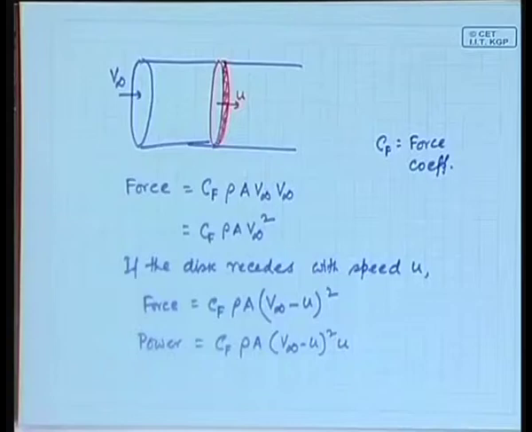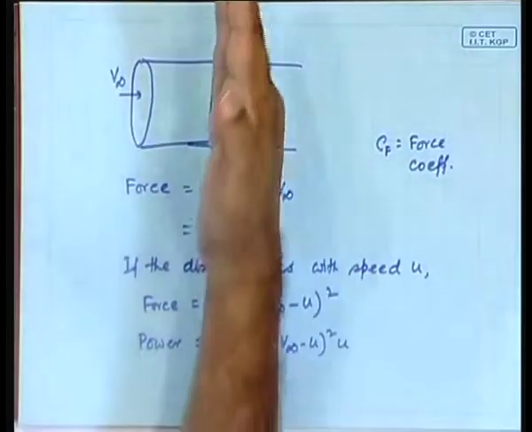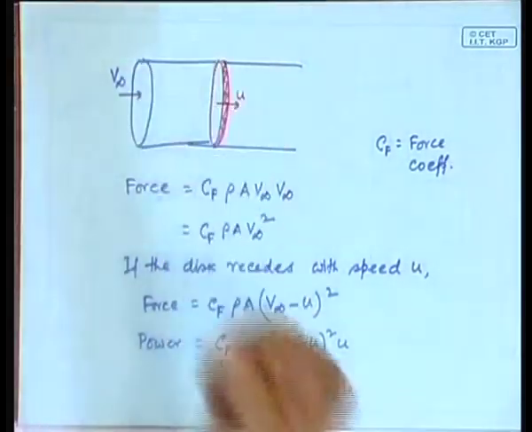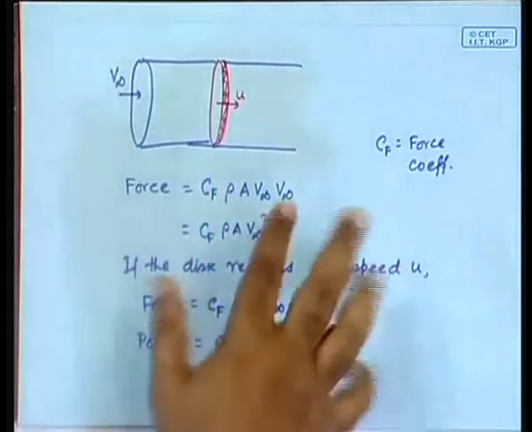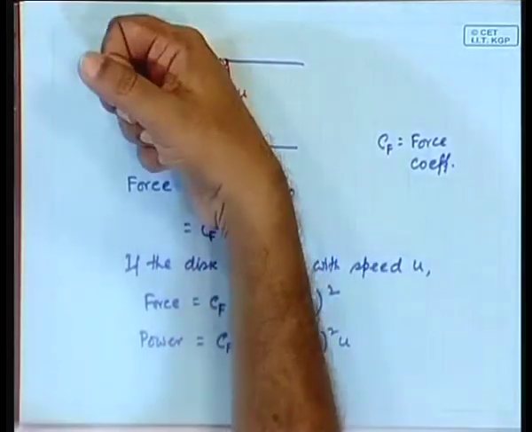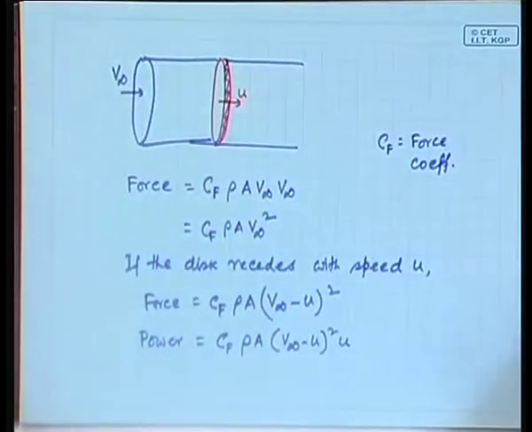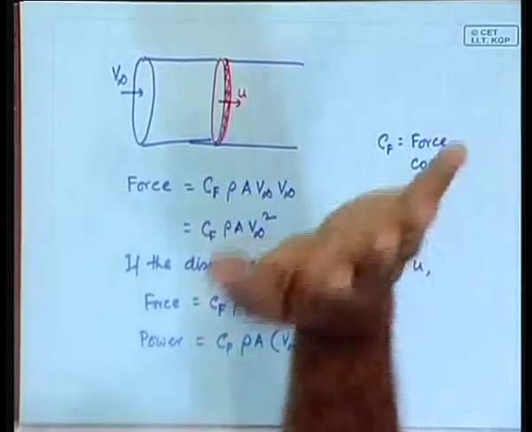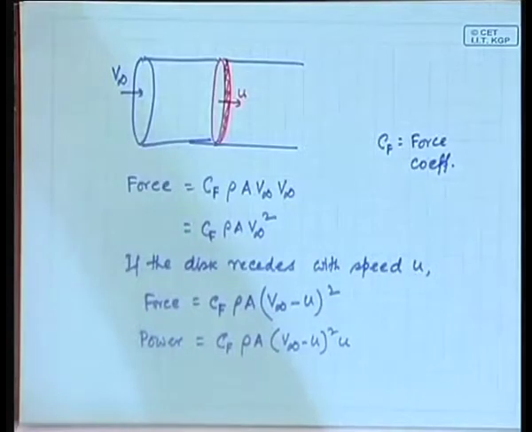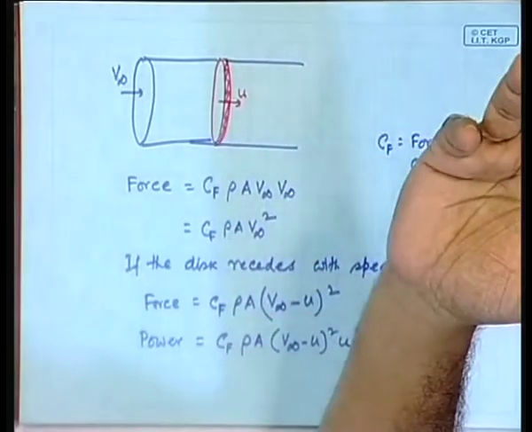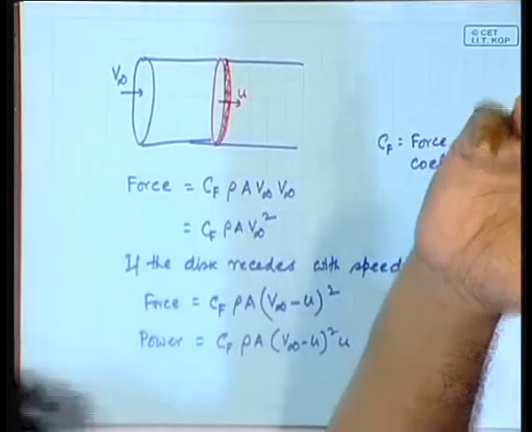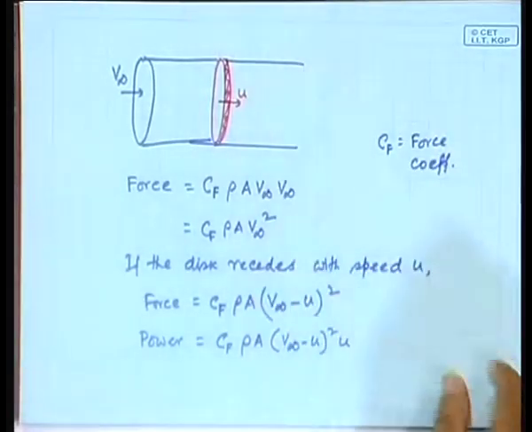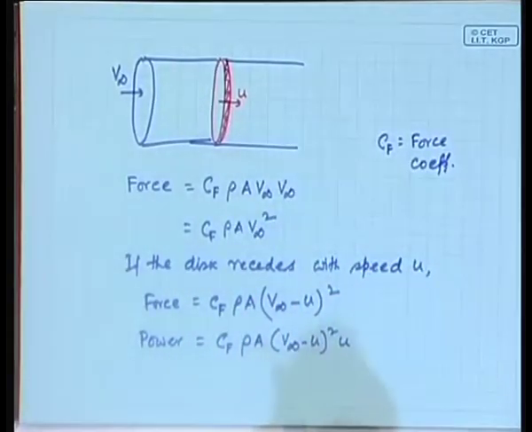Well, now again in this case you will notice that if u is 0, then the power extraction is 0. Force is there, but u is 0, so power extraction is 0. If u moves with the same velocity V infinity, then again power is 0 because force is 0. In between there must be some maximum. In order to find that, what would you have to do? Again differentiate. Go ahead and differentiate this with respect to u.